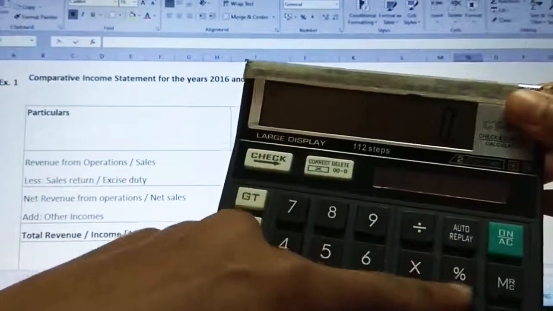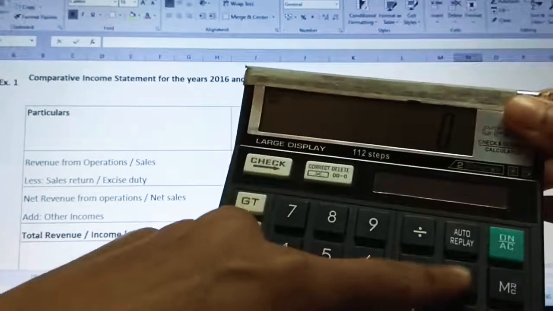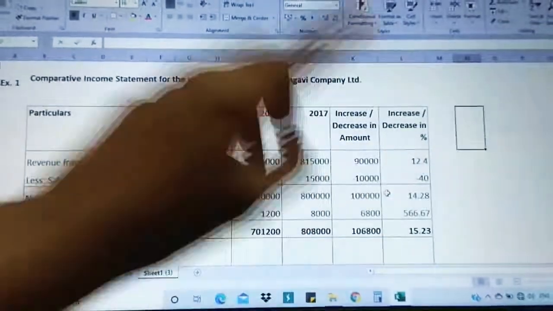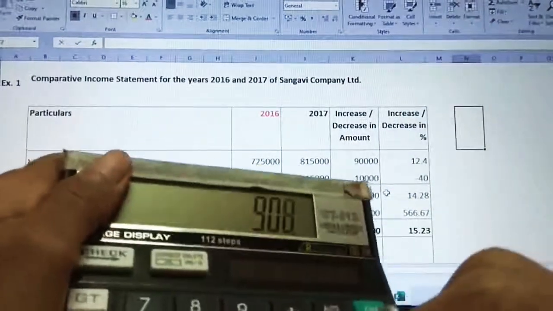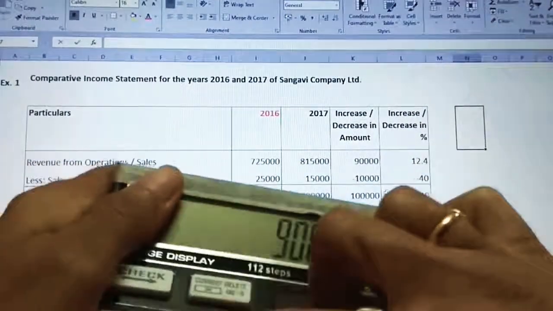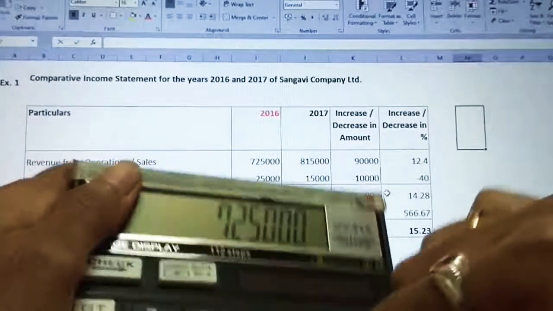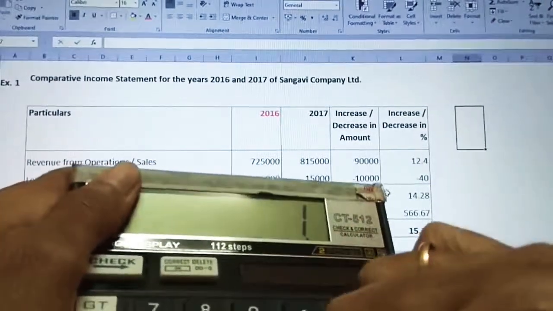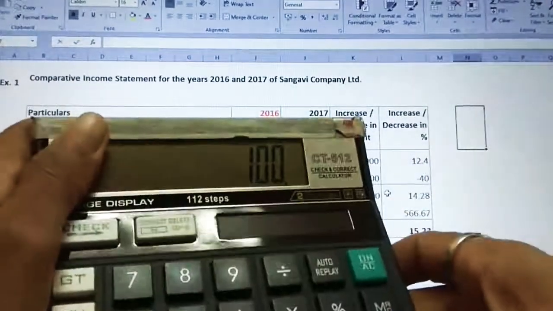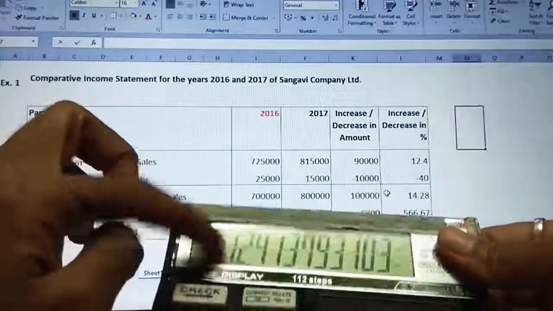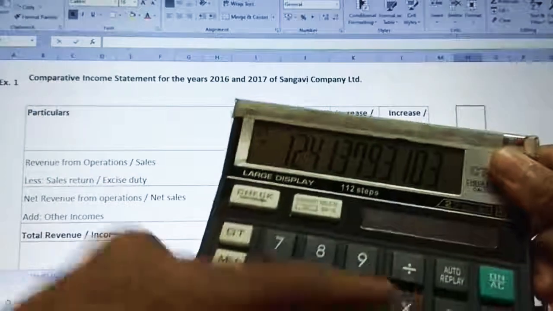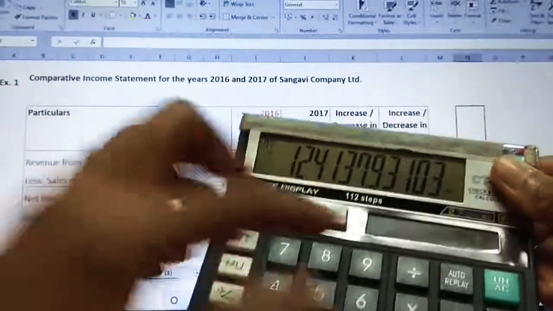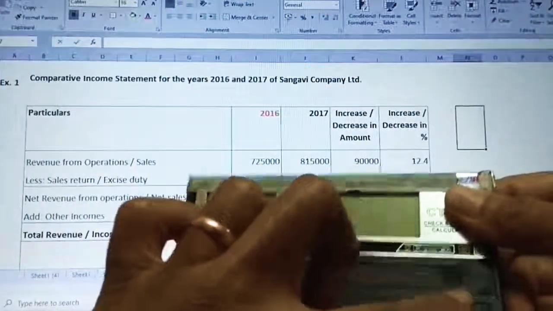Could you all find your percentage symbol? You will get the answers automatically. If not, you have to go for 90,000 divided by 7,25,000 into 100. This is quite complex because you're wasting time each time typing into and 100. Instead, go for percentage, you will get the values.